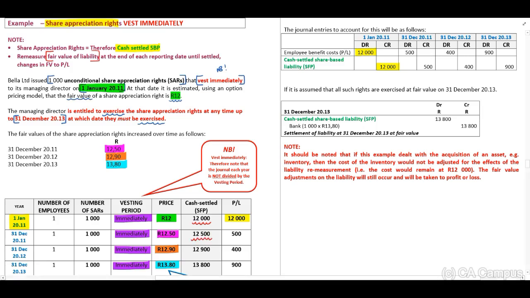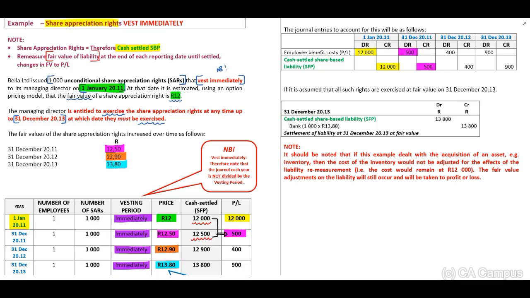Therefore, a movement increase should be recognized of 500. Guys, the balance should be 12,500, but the balance is 12,000. Therefore, we need to recognize 500 to our liability. We credit the liability and we debit the expense.